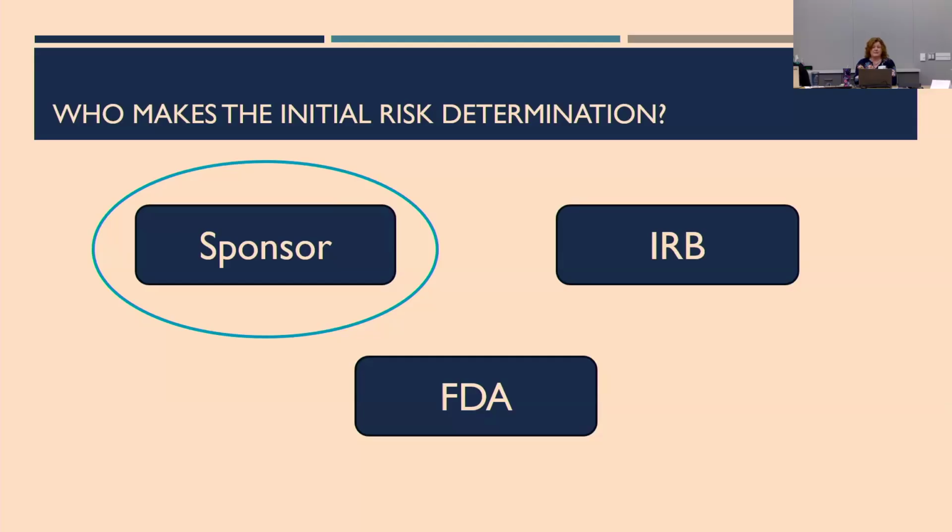So it's the sponsor's responsibility to make that initial risk determination and present it to the IRB. Only caveat would be unless the FDA has already made that risk determination for the sponsor. And then the sponsor needs to provide that risk determination to the IRB for them to verify it.